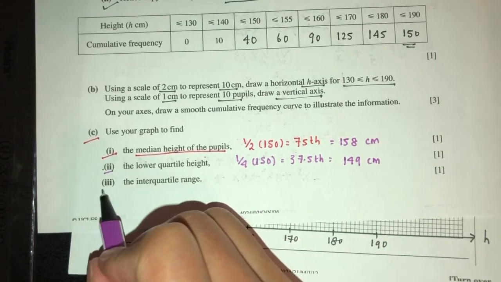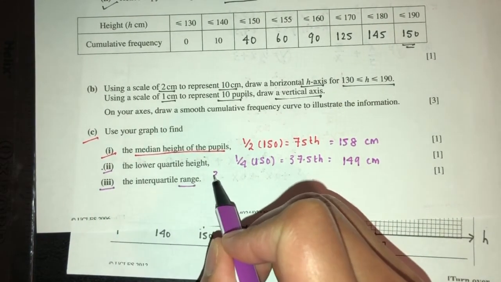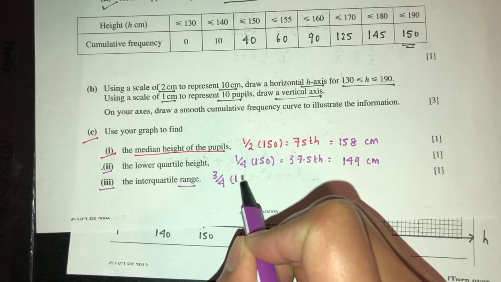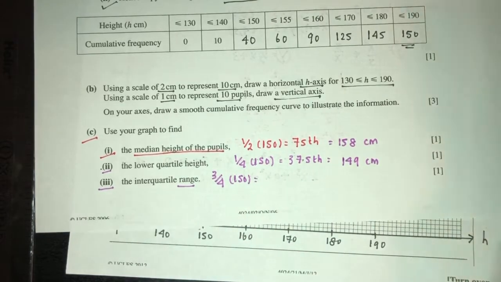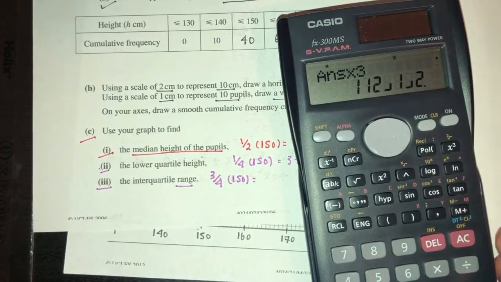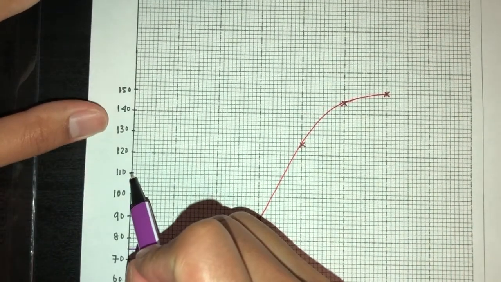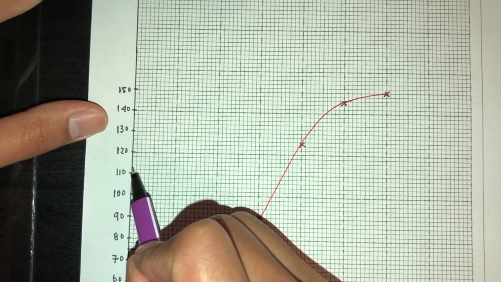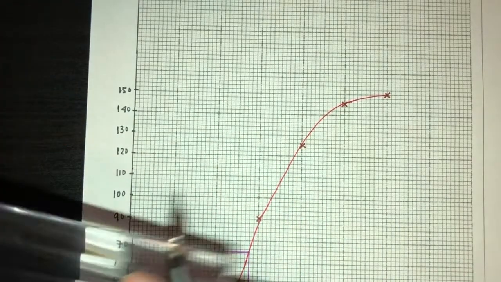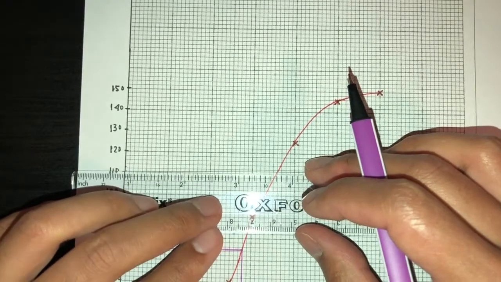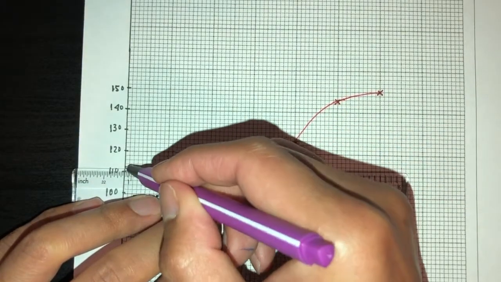Now for part 3, the range, so let's find the upper quartile. 3/4 times 150 is 112.5. Here we have 110 and 112, half will be right here. It should be on this point.